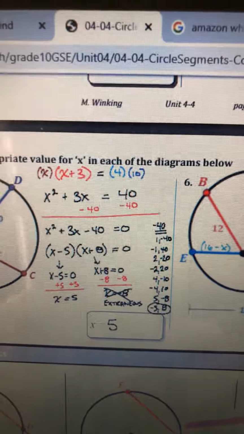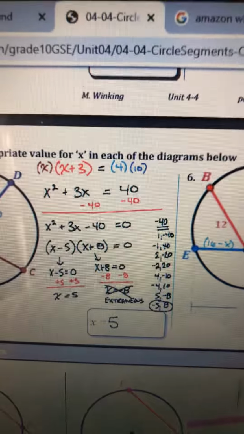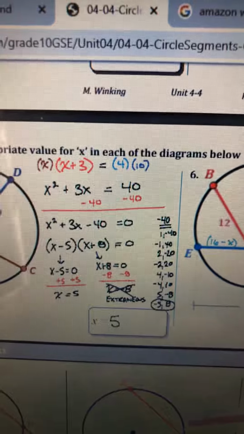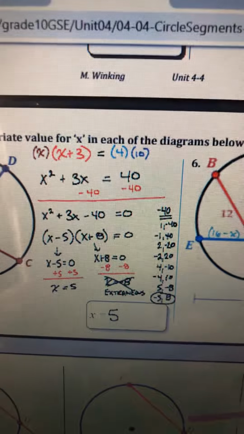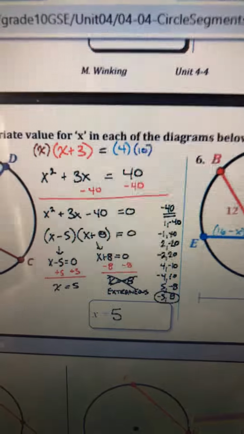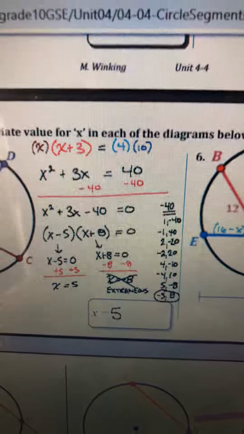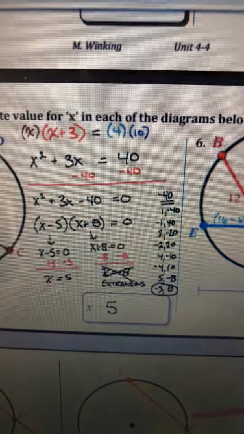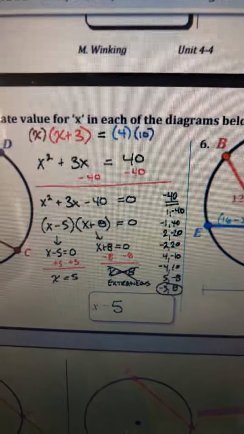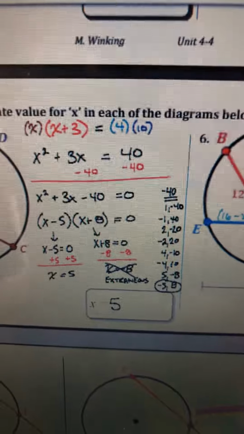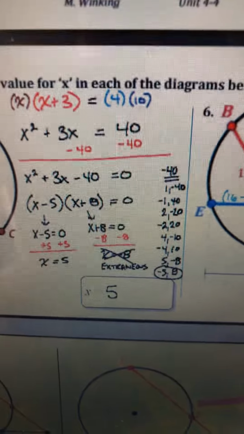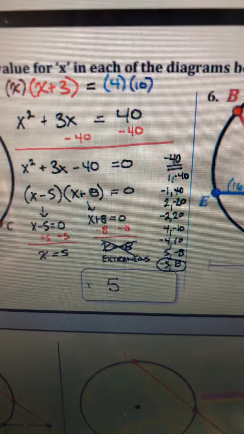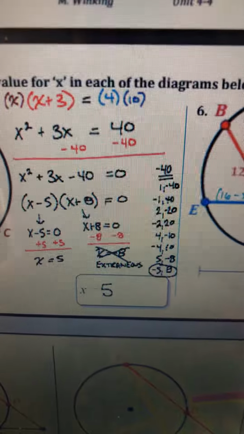We know negative 5 times positive 8 is negative 40, and negative 5 plus 8 is positive 3. So we will factor this into x minus 5 and x plus 8 equals 0. Next, we take x minus 5 equals 0 and x plus 8 equals 0 and solve for x. We will get that x is equal to 5 and x equals negative 8.